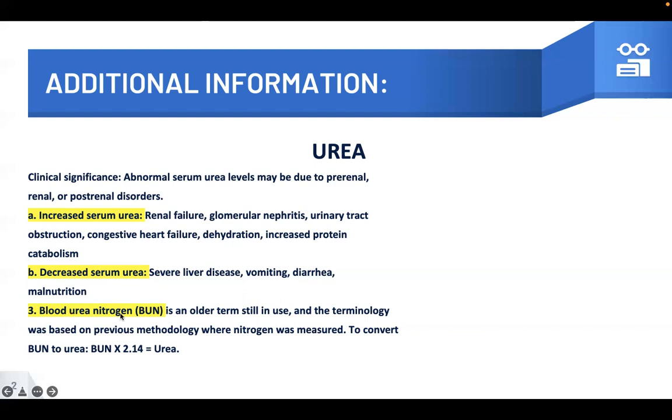Next, there is a term we call blood urea nitrogen or BUN. It is an older term still in use, and the terminology was based on previous methodology where nitrogen was measured. Si blood urea nitrogen is one of the many NPNs, yung tinatawag natin na non-protein nitrogenous waste, that can help us detect kung may malfunctions or something wrong with our enzymes as well as our organs.